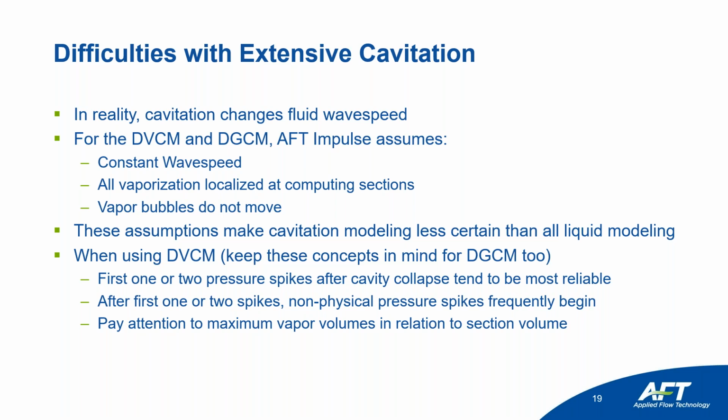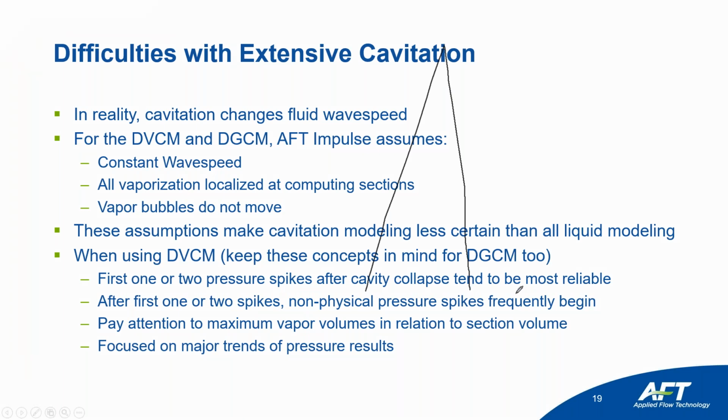Not necessarily. That's where you have to look at everything together. Focus on the major trends of pressure results. Again, if you just see an isolated spike that comes up and down in a single time step, that may not be realistic in comparison if you see a progressive increase in pressure over several time steps. That would be more realistic.